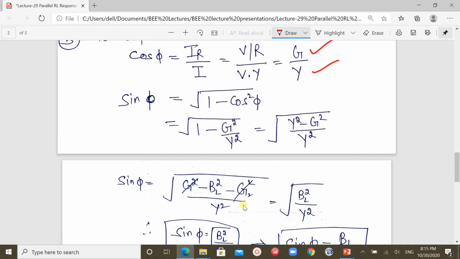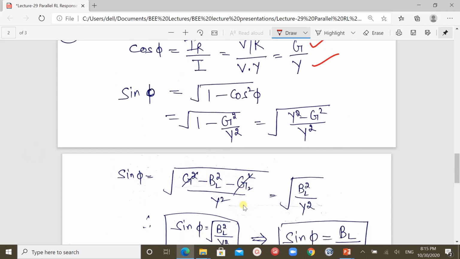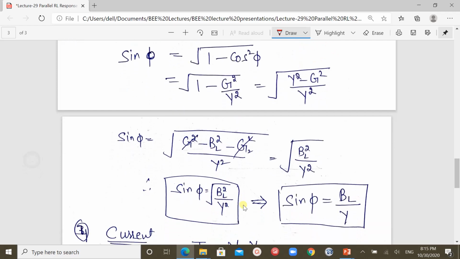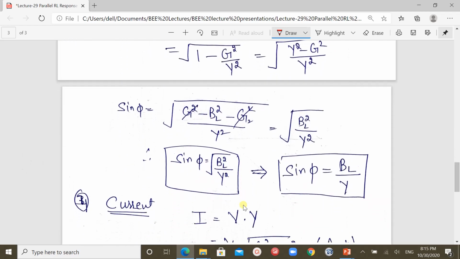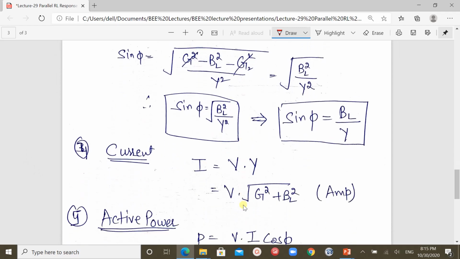Sin phi is the square root of 1 minus cos square phi, and we put the value of cos square phi, which is G square upon Y square, and when we simplify it we will get sin phi equal to BL upon Y.